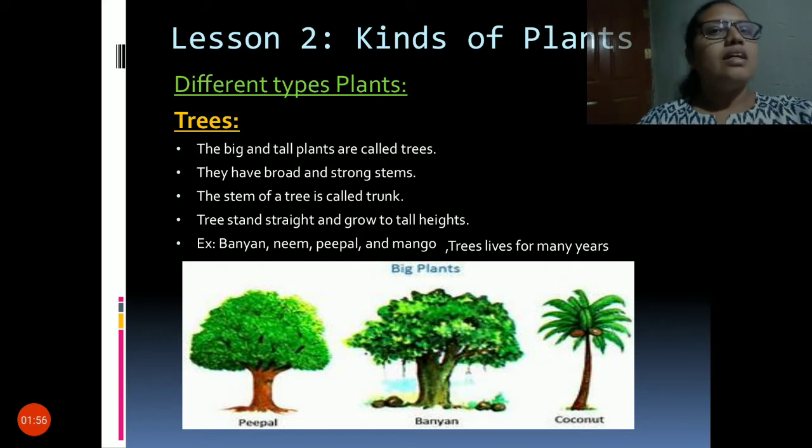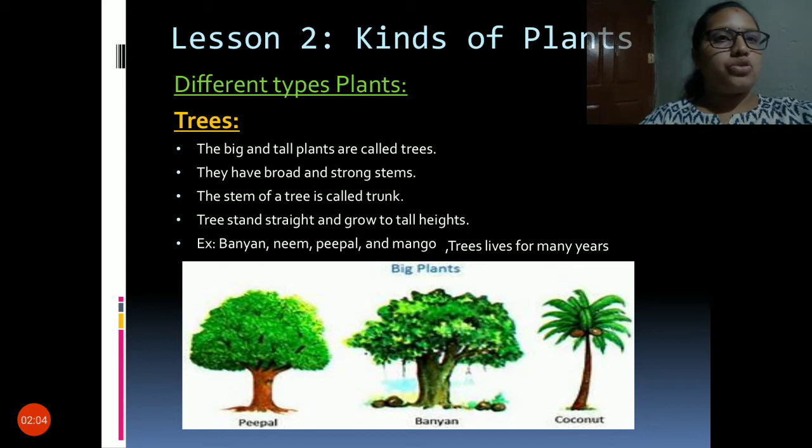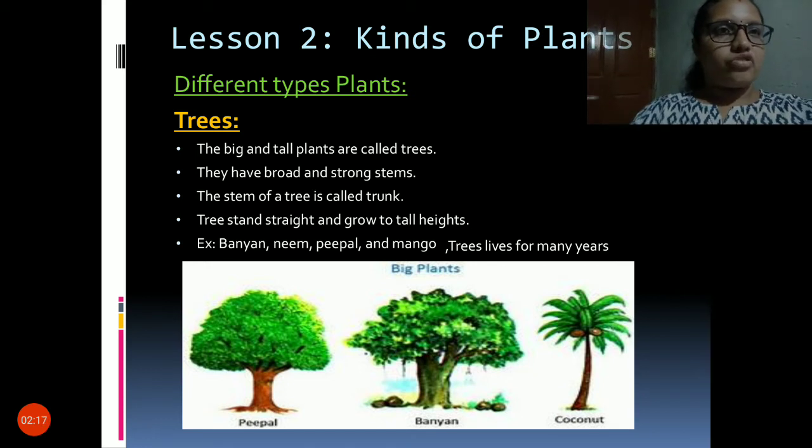The stem of a tree is called trunk. Trees stand straight and grow to tall heights. I said trees will grow taller, and the stems are very strong and straight.